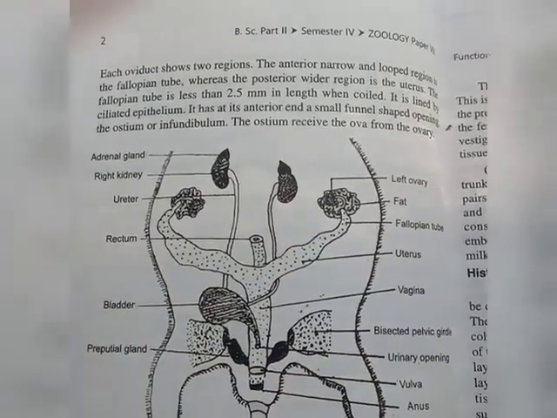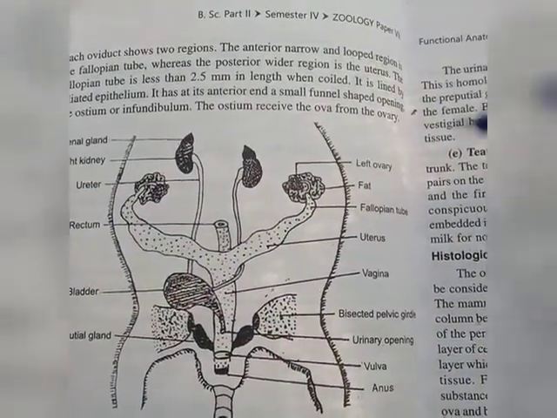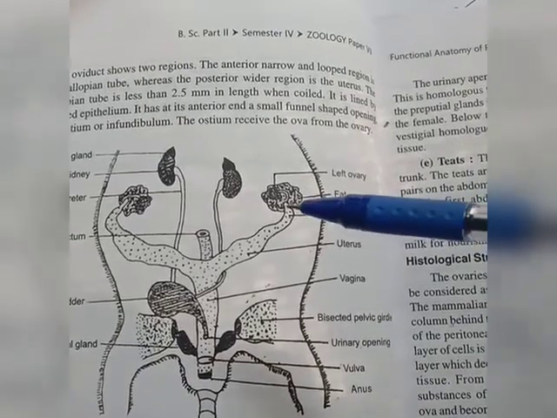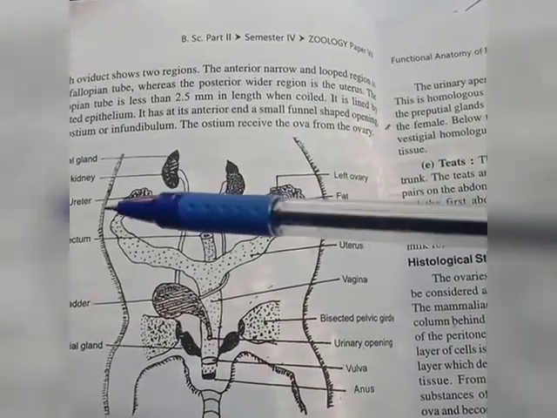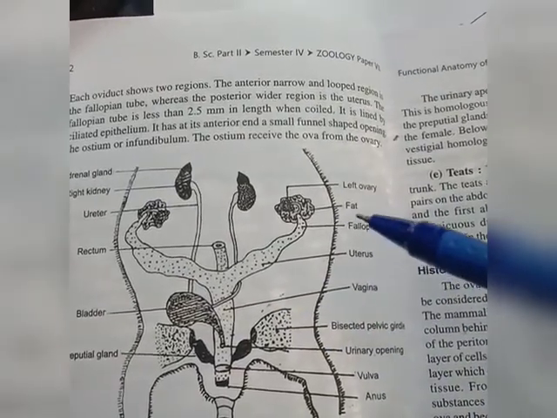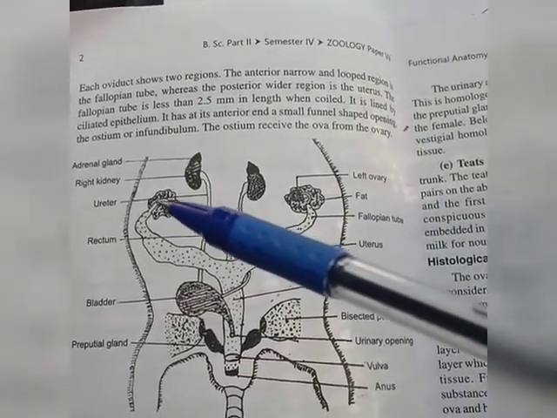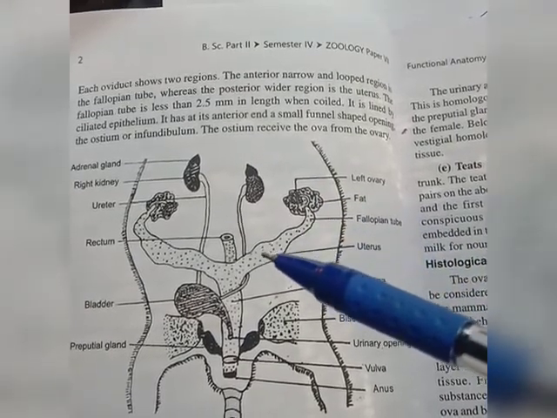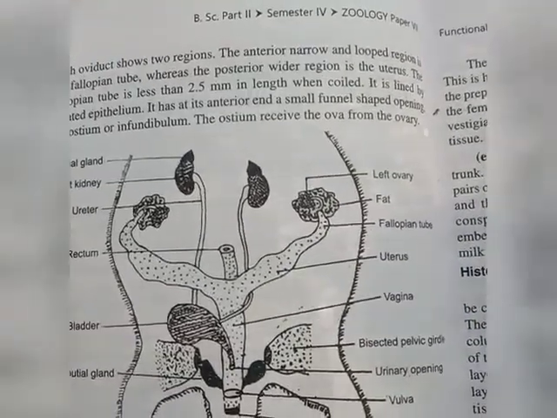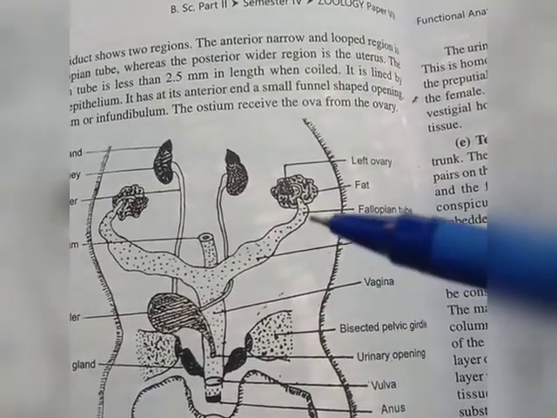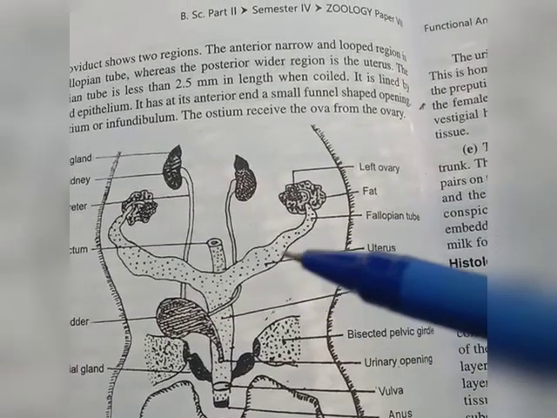Now you see here the figure of female reproductive system of rat. First one is the ovary. These are paired, located on left and right. From these ovaries, the oviduct arises, and this oviduct can be differentiated into two.